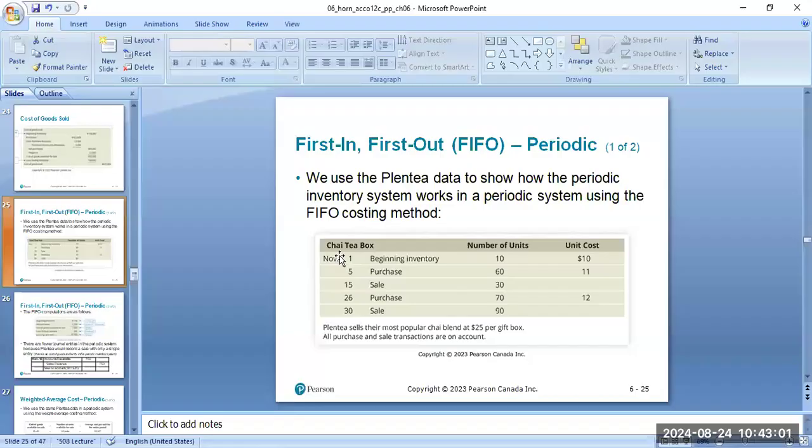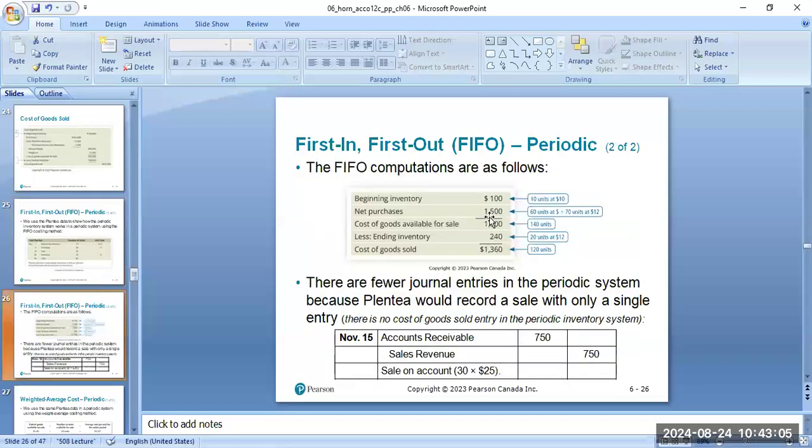Now let's go back to the slides. So again, we're going to start with the beginning balance. We're going to add the net purchases, and we're going to have cost of goods available for sale.